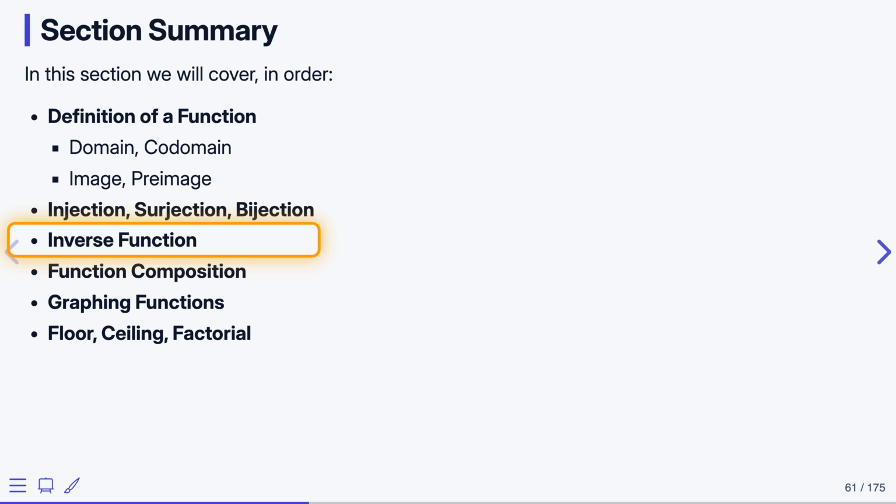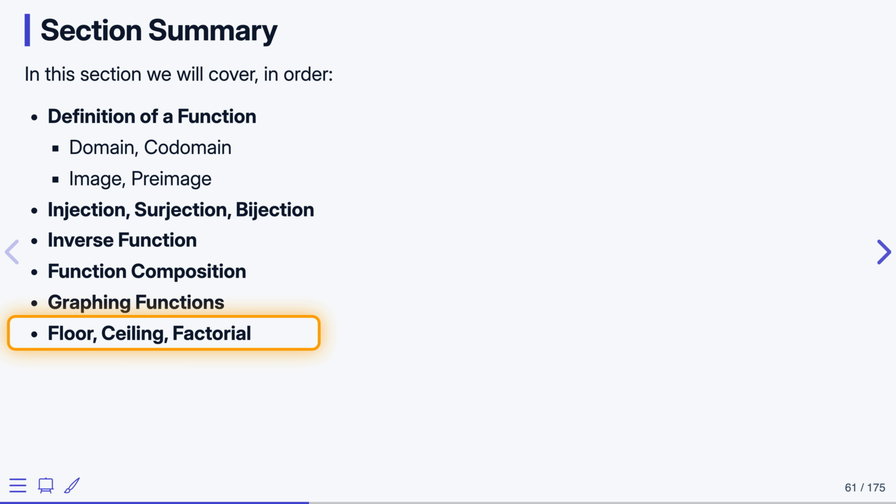Third, the inverse function, which undoes a function. Fourth, function composition, which means doing one function after another. Fifth, graphing functions, that is, drawing them as a picture. Sixth, 3 important building blocks: the floor function, the ceiling function, and the factorial. Use this list as a map for what is coming.